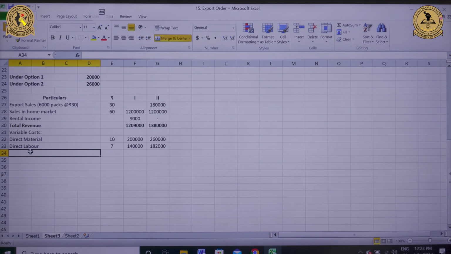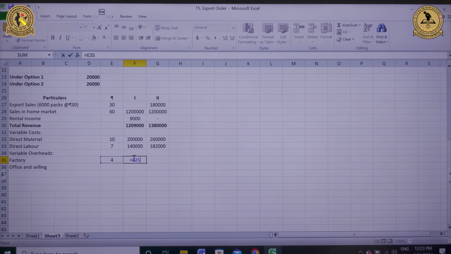The next is variable overheads. For the variable overheads, we have factory and office and selling. So it is 4 rupees. So it is equals to, select this cell. Now this time I am putting a dollar sign. That is $E$35 multiplied by 20,000.